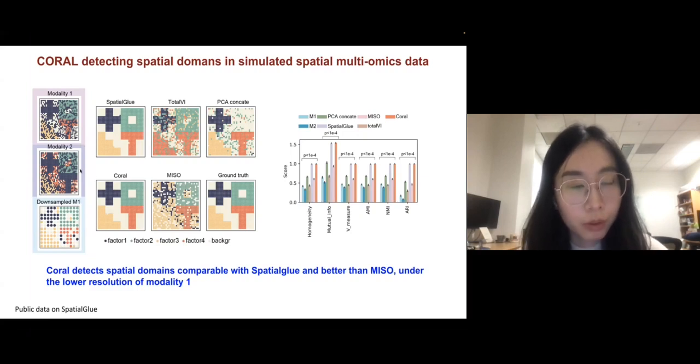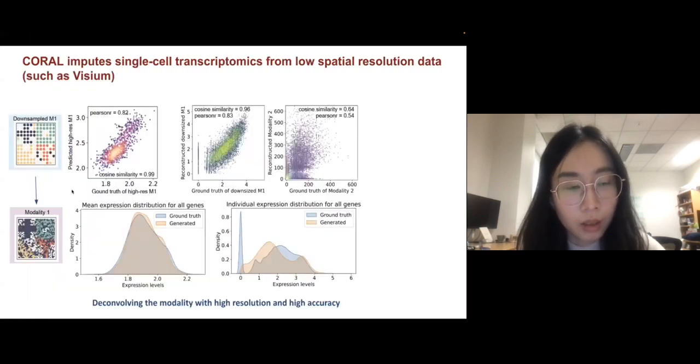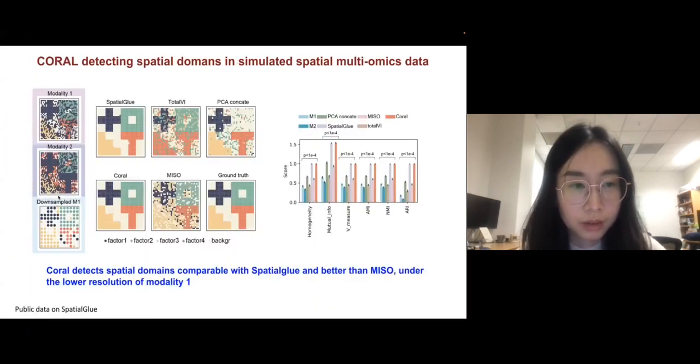We also show some results on directly integrating modality one and two, which are very similar as well. Probably I need to show those results too. We don't necessarily rely on the downsampled modality one, but I guess this part is a unique feature of Coral, because these methods are not able to deal with that.